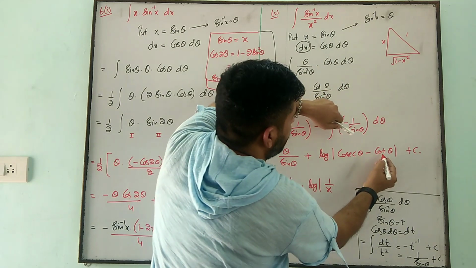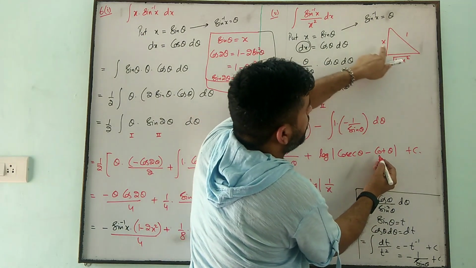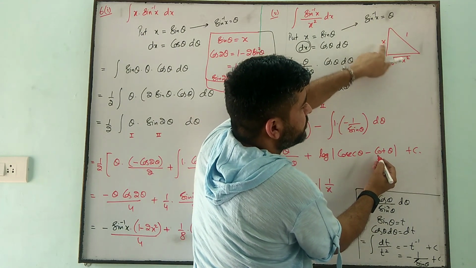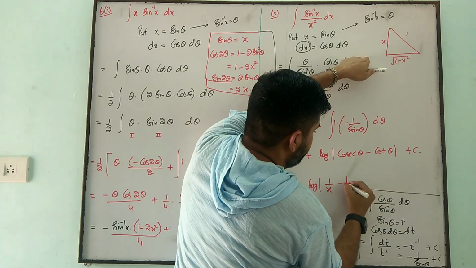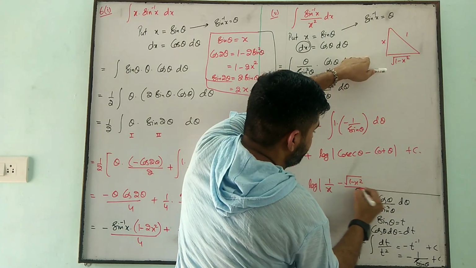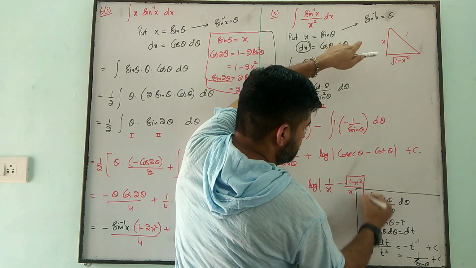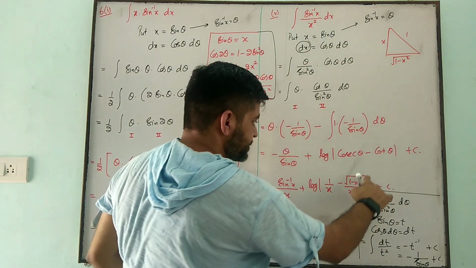So we have cotangent is b upon p, reciprocal of tan. So it is under root of 1 minus x square divided by x plus c.